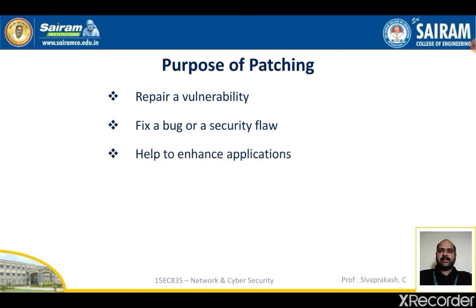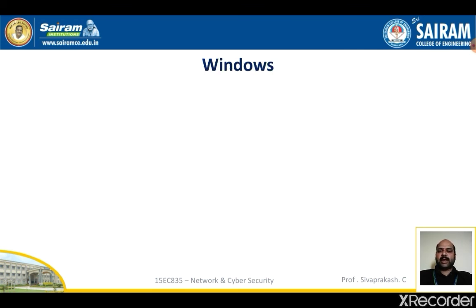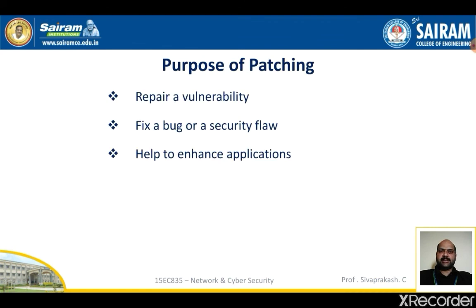Newly released patches can fix a bug or a security flaw, and can help enhance the applications with new features to fix the security vulnerability. That is the major need or the purpose of patch management in the particular process.